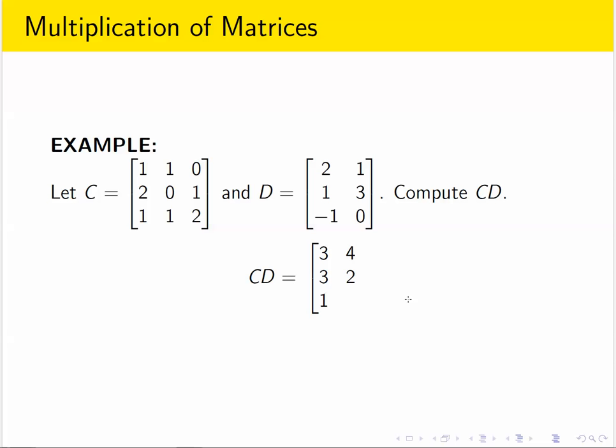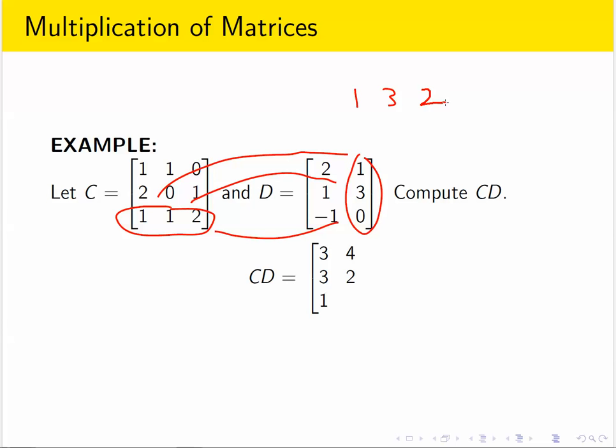So for example, the last entry here is in the third row, second column. So I want 1 times 1, 1 times 3, 2 times 0. 2 times 0 is actually 0.